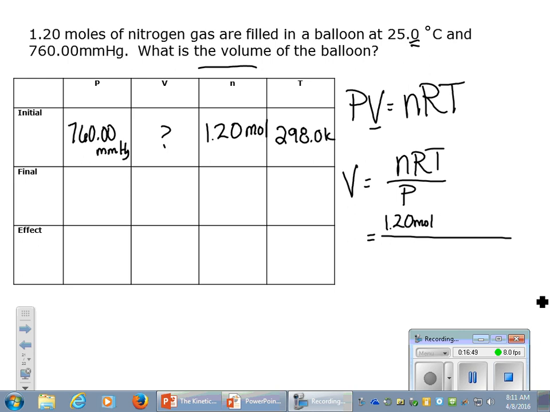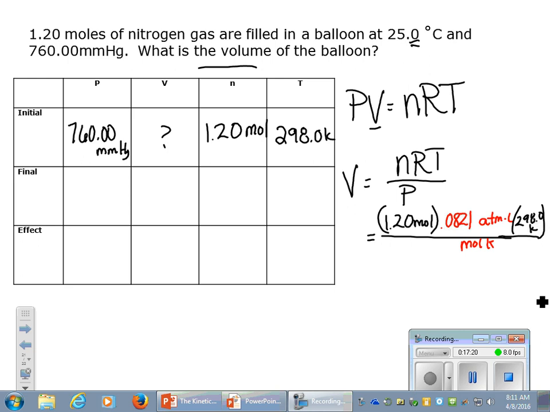R is the universal gas constant, and that's something you want to put in your steel trap. So R here is 0.0821. Watch the unit: atmospheres times liters over moles times kelvins. The unit on the universal gas constant is a fractional unit. We'll multiply that by the temperature, 298.0 Kelvin. And then we'll divide all of that by the pressure.